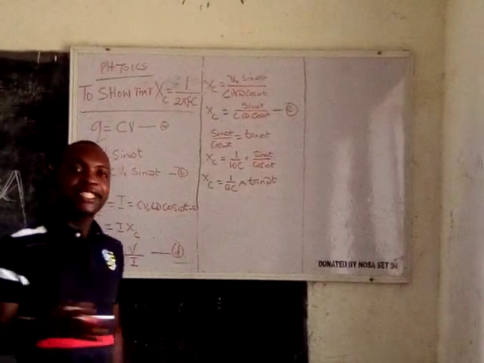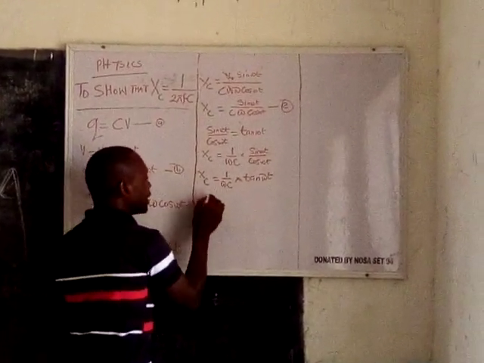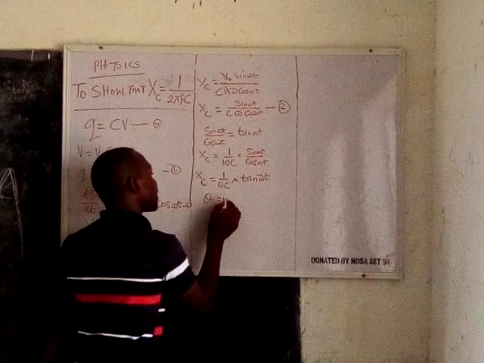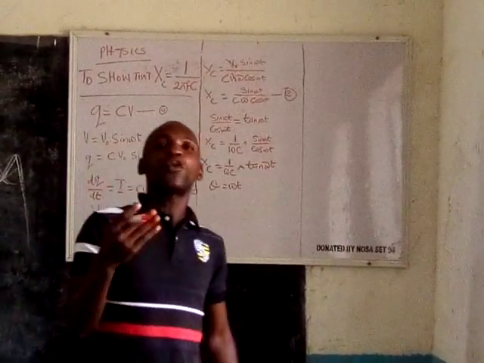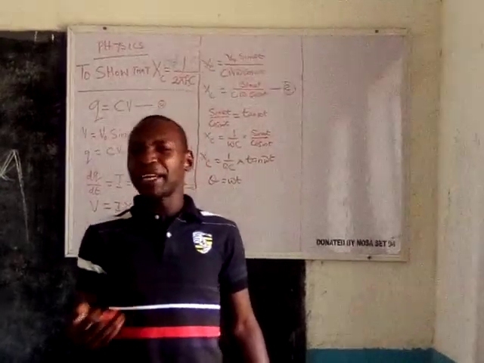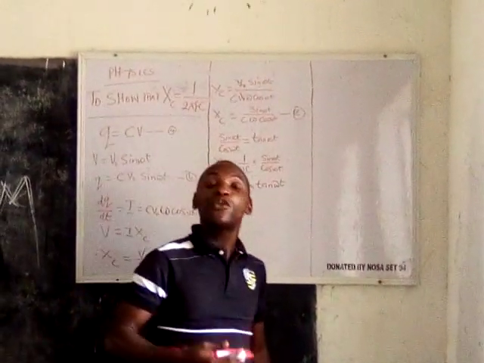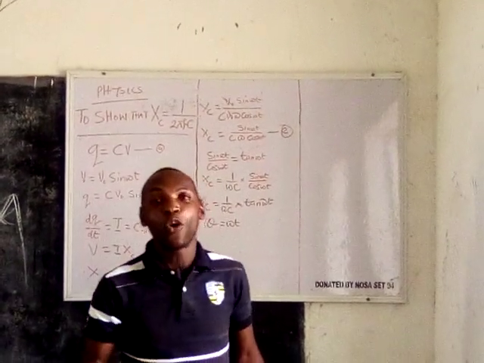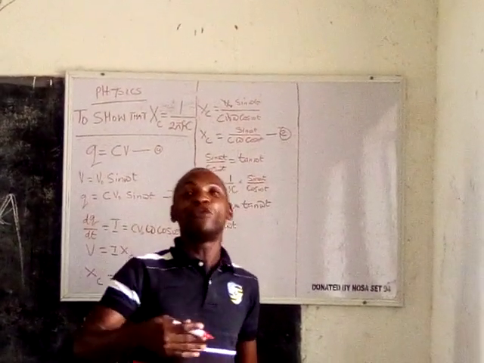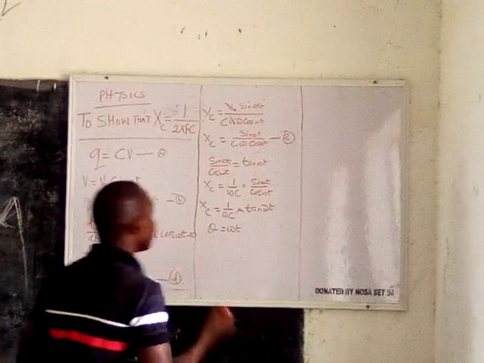Now remember, this theta is the same thing as omega t. So when we let theta be equal to 45, what am I trying to say here? That the angle of oscillation is 45 degrees, or pi over 4 radians.